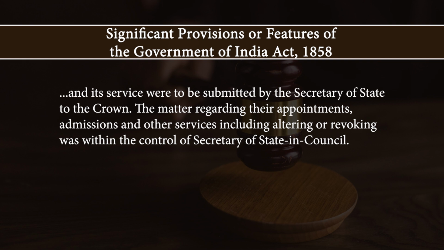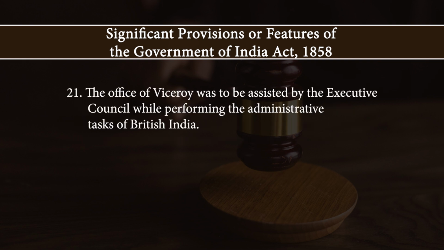Another very important feature was about the Office of Viceroy. The Office of Viceroy was to be assisted by the Executive Council while performing the administrative tasks of British India.